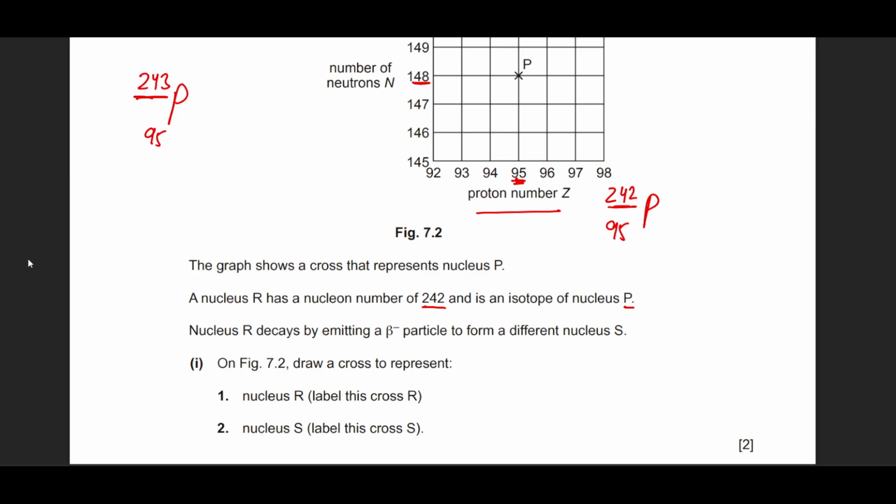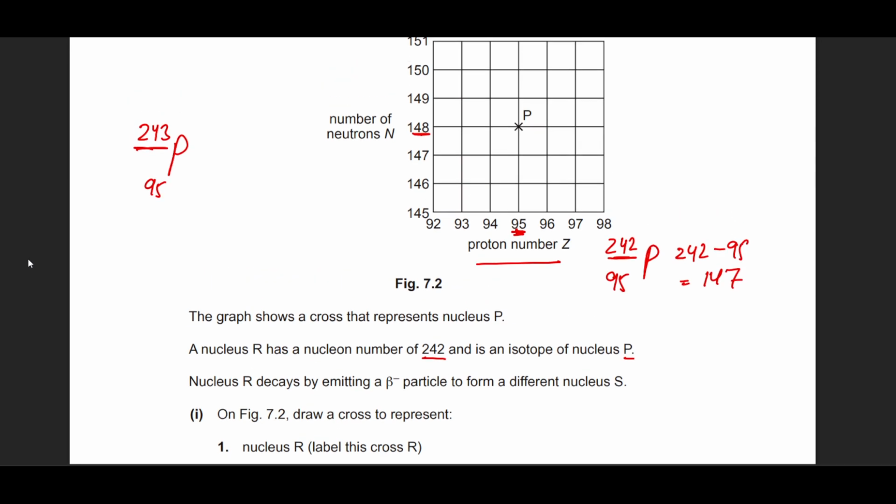So it will be one step below this. Or if you want to do this the long way, then 242 minus 95 is going to give you 147, which is one less than 148. So this is R. This is where your R exists.